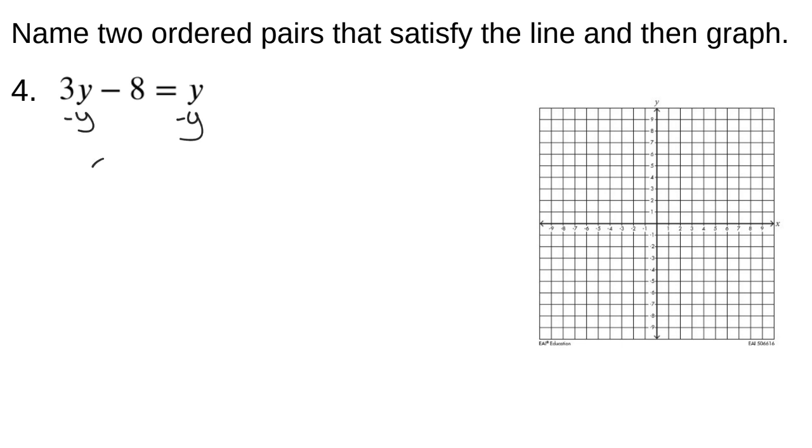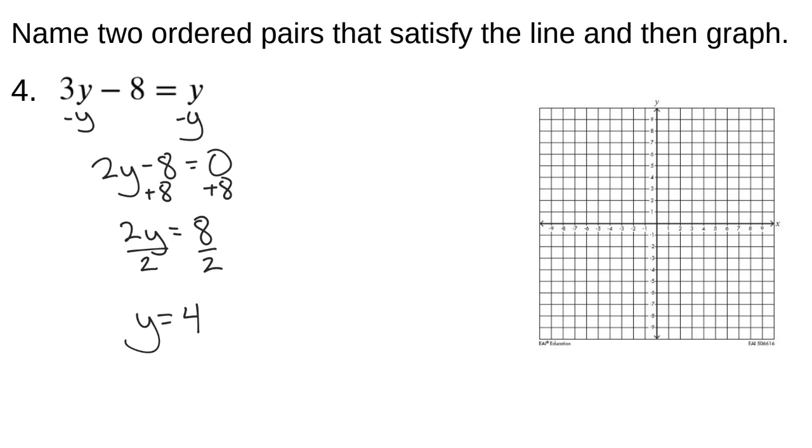So this is going to be 2y minus 8 now. And over here now I have nothing. And to get the 8 on the other side, let's add him over. And so we're going to have 2y equals 8. And to get y by itself, we would divide by 2, and I would get y equals 4.